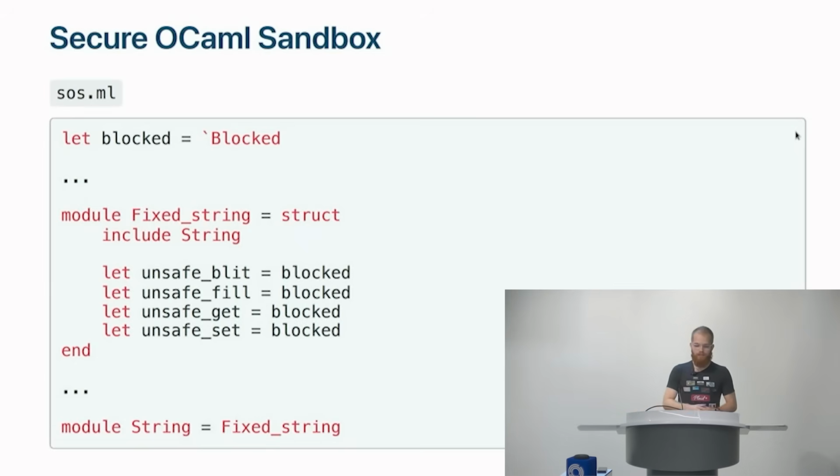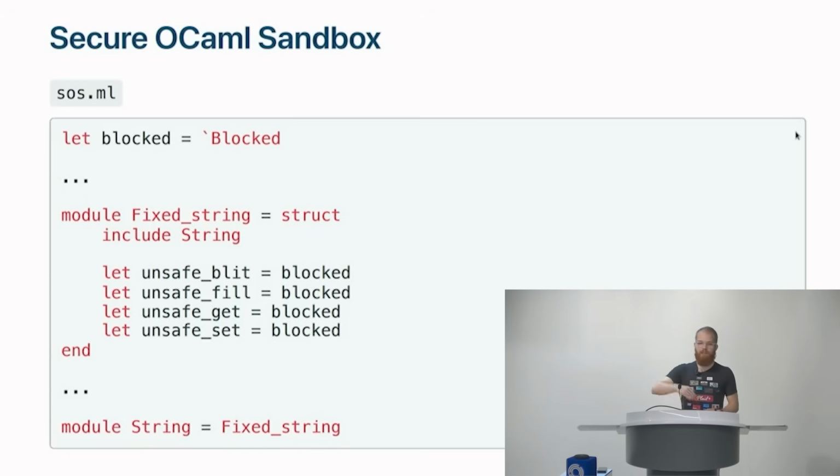And so the challenge is set up as one big file that blocks a whole bunch of things from the standard library. For example, these unsafe functions are just set to this blocked value. And what that means is that when you open the sos.ml at the top of your OCaml file, you're no longer able to access the original definition of the function. Instead, you can only access the blocked one.